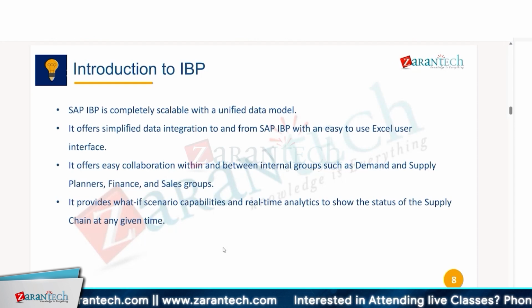In a nutshell, everybody knows what's happening in the organization, which is extremely useful for understanding where we are heading. So it talks about a good amount of collaboration within internal groups such as demand planning, supply planning, finance, and sales. And if there are other functions like marketing or product management, they are also part of this.